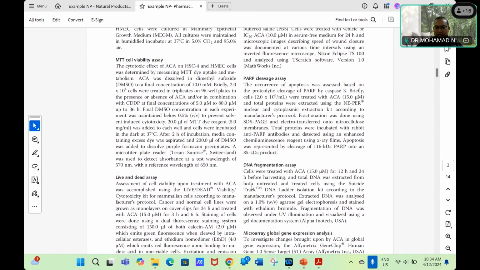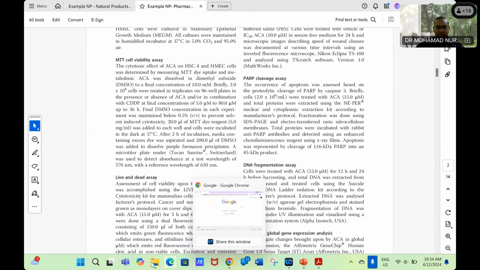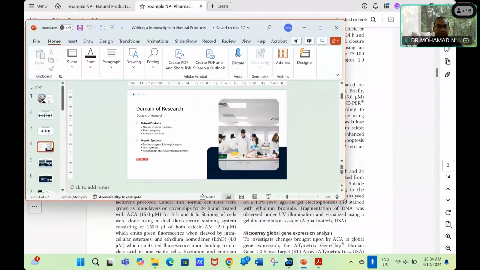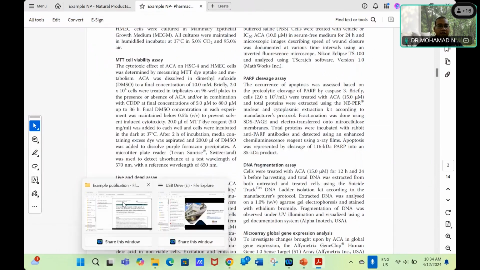Okay, so next, what type of publication do we have in the slide here? Analytical chemistry. For analytical chemistry, I just take a publication by my colleague at University of Malaya.